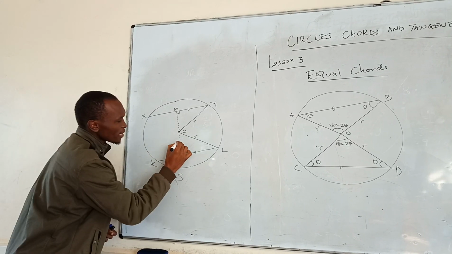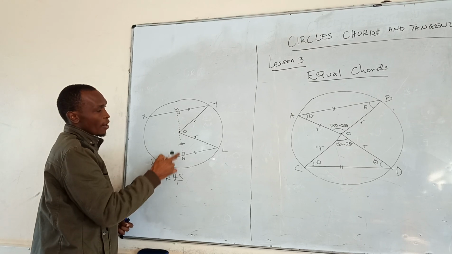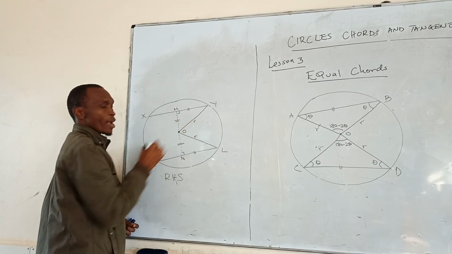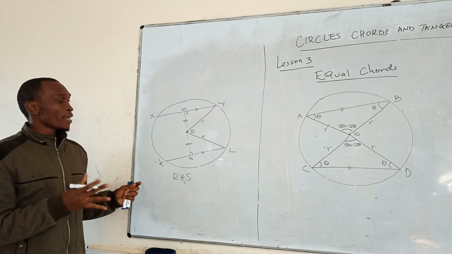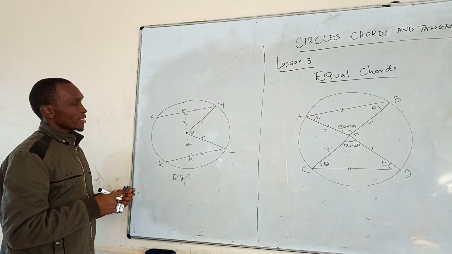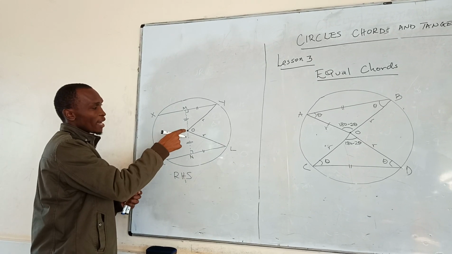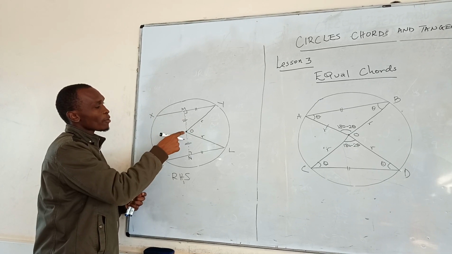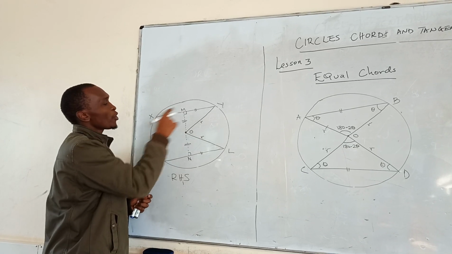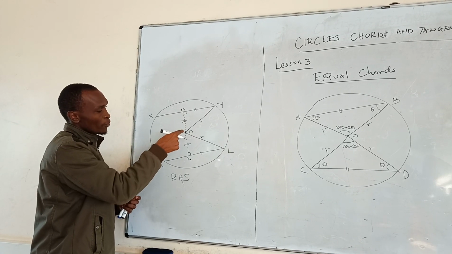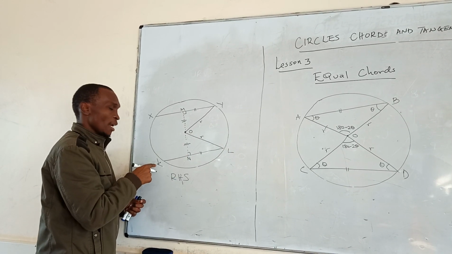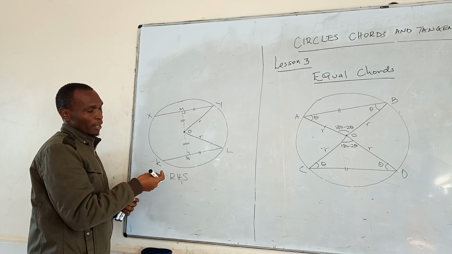Therefore, this distance ON equals OM. Therefore, in my conclusion, I will say that the distance from the center to the midpoint of XY is equal to the distance from the center to the midpoint of line KL.